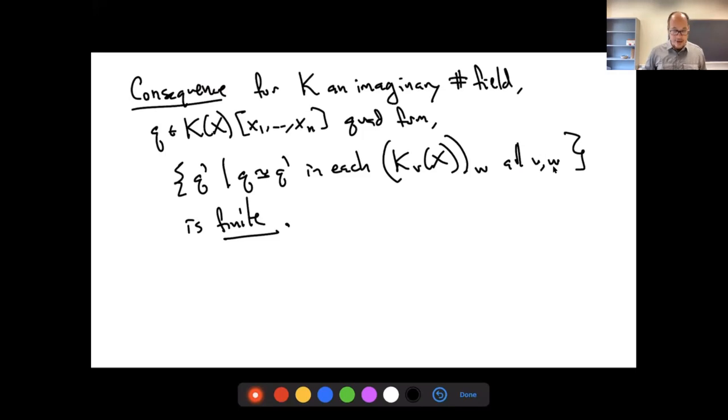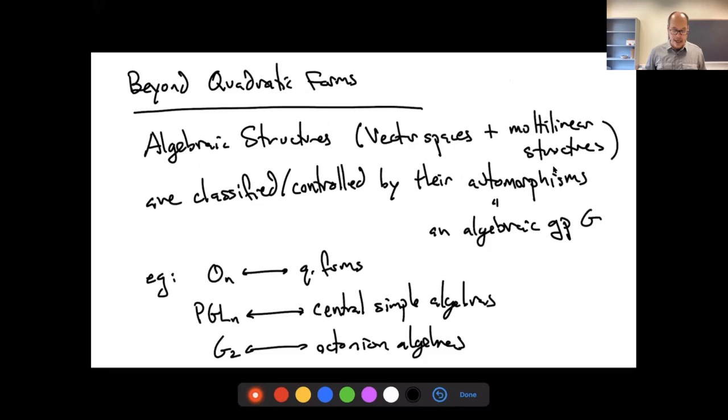All right, so for the last bit here, I want to say just a few words about what happens beyond quadratic forms. Quadratic forms were used somewhat motivationally, but one can ask related questions for other kinds of algebraic structures, by which I mean, again, just a vector space together with some sort of multilinear operations like multiplications and things like that.